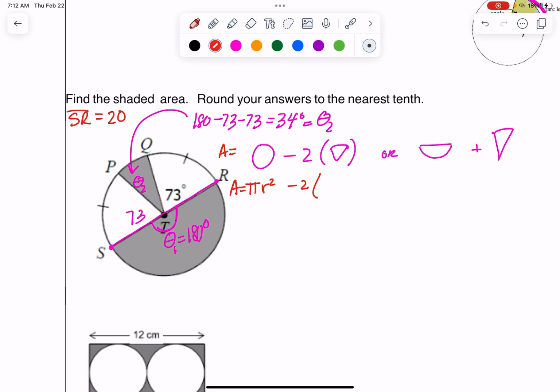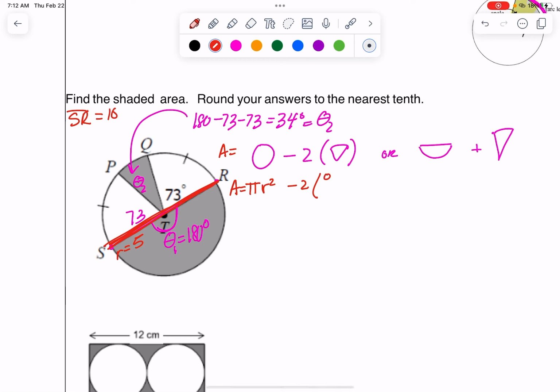Nope, 10. So this piece, this whole line, is 10. That means that half of it is 5. So that means that that's my R, my radius.